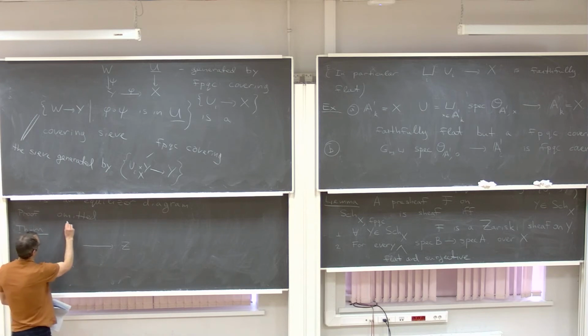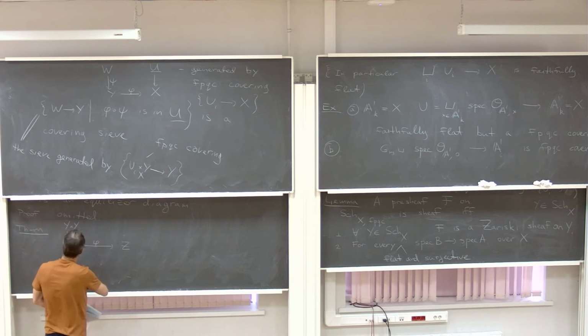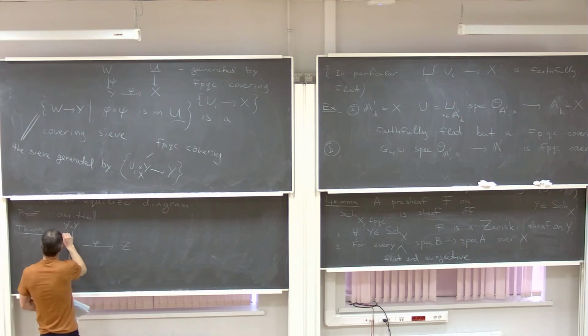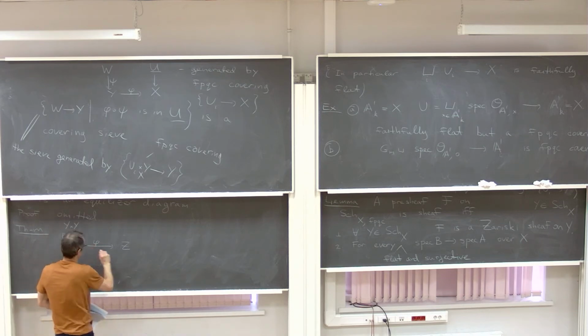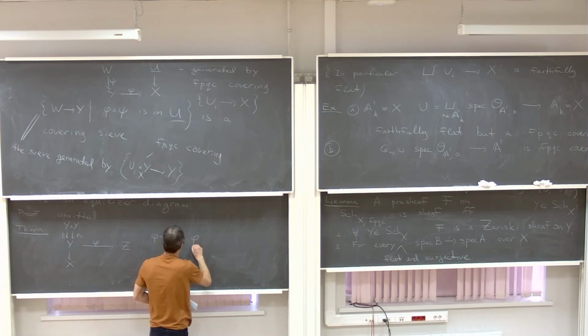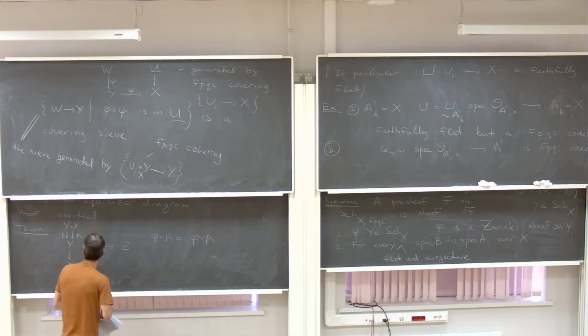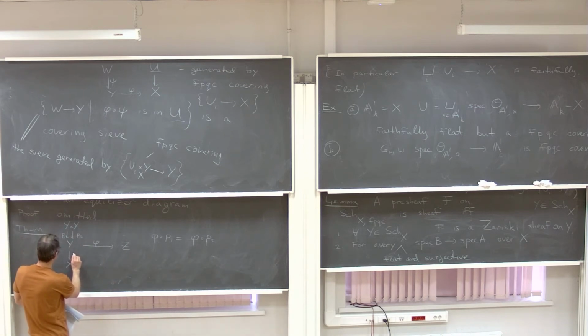And we assume that this map is constant on fibers. So this was phi. And this is P1, this is P2. And P1 composed with phi is equal to phi composed with P2.